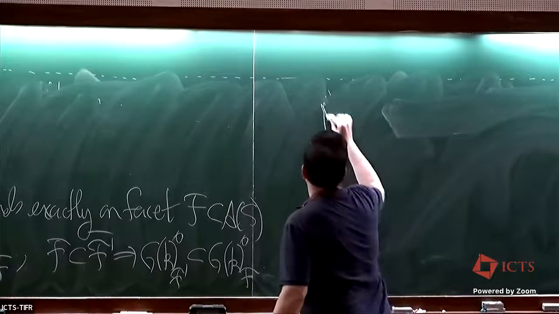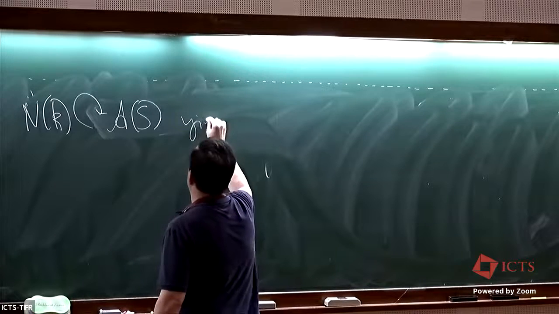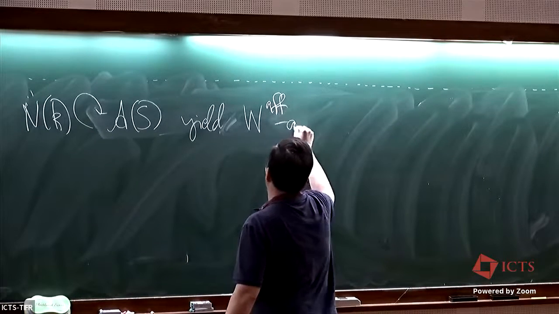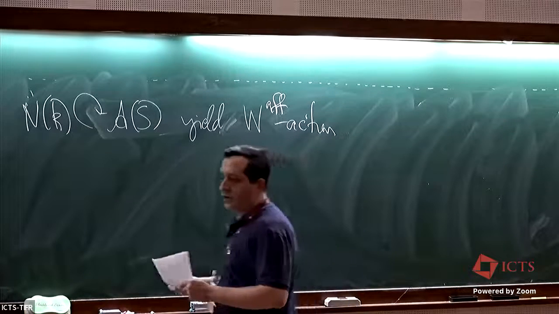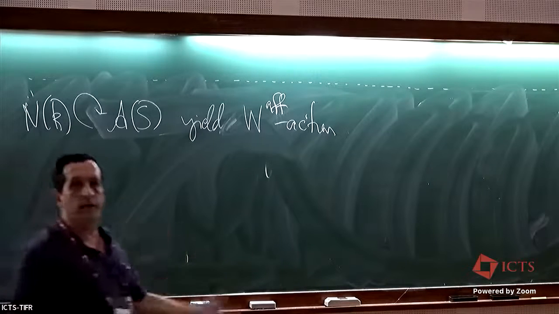So the N(K) action on the apartment turns out to yield among its output the entire action of the affine Weyl group. So from the collection of hyperplanes, we have all the reflections in those hyperplanes. That's what we call the affine Weyl group.